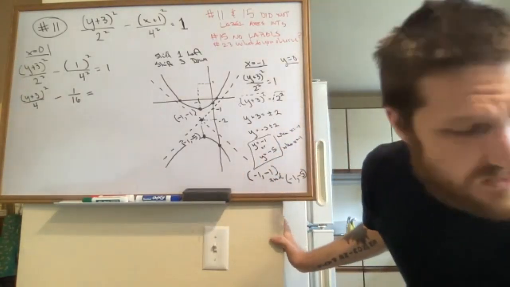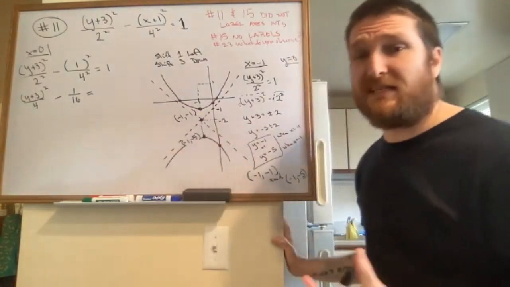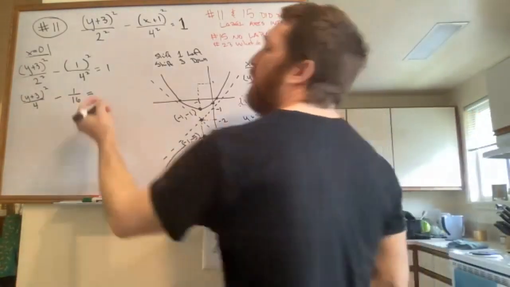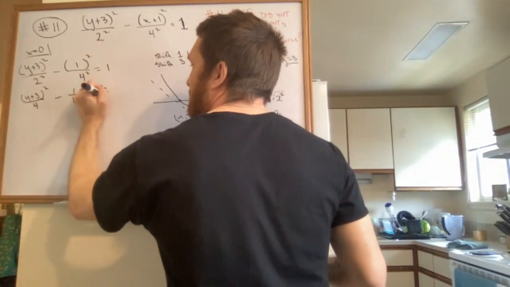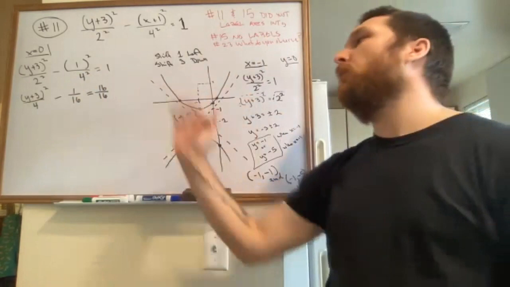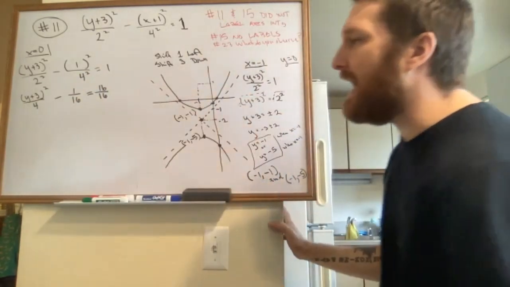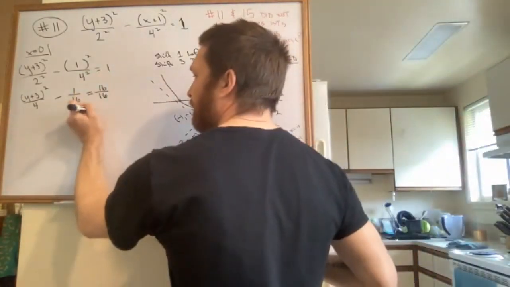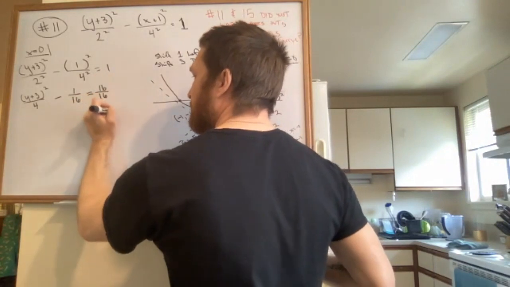Since I know what I'm about to do, I'm about to add 1/16 to both sides. I'm going to go ahead and rewrite 1 as 16 over 16. That's just going to make my life easier. Adding 1/16 to both sides gives me 17/16.